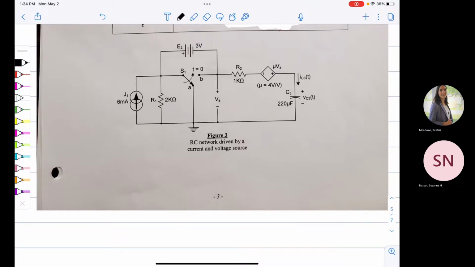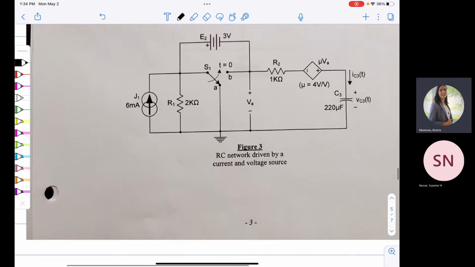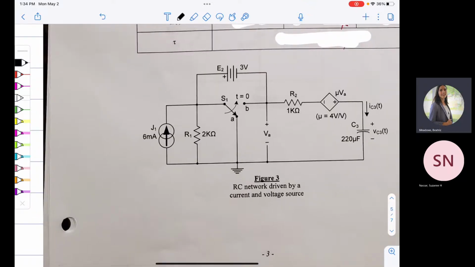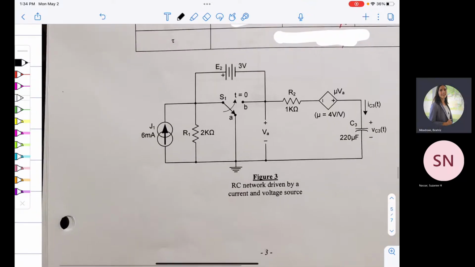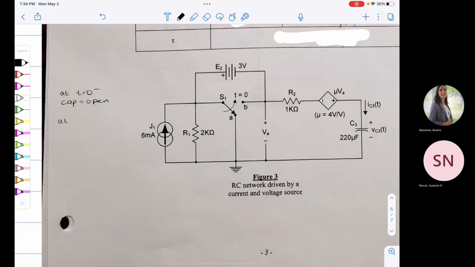Open. What about at t equals 0? Battery.